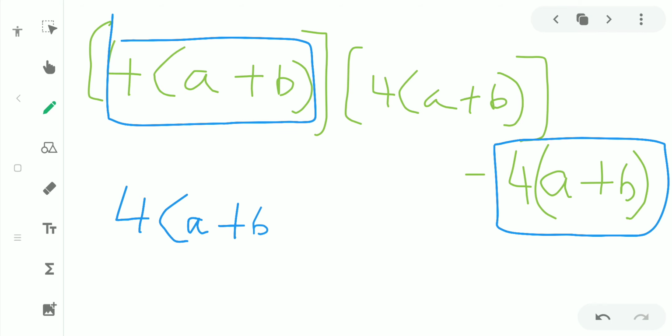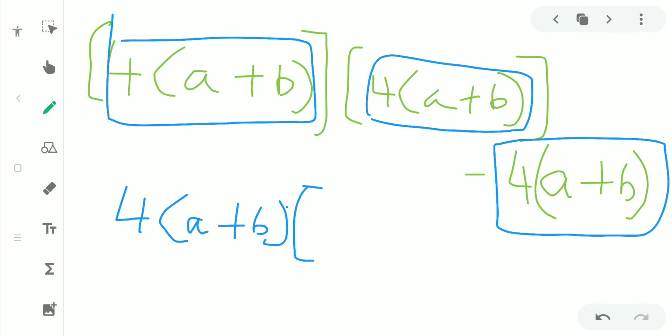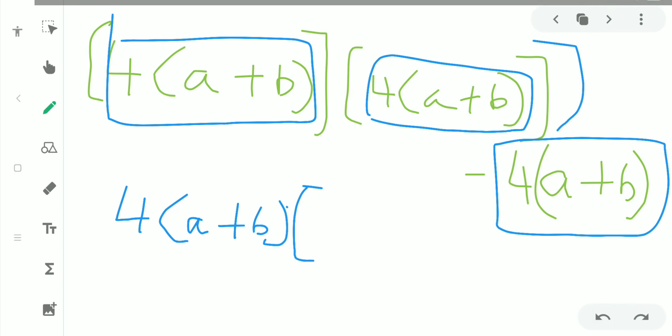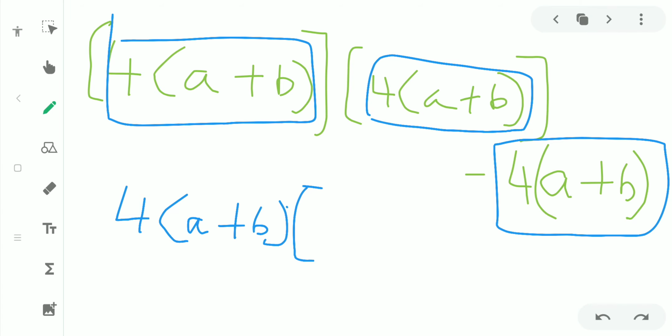I am getting 4 into a plus b remaining in the first expression, that is this expression. 4 into a plus b is remaining. So 4 into a plus b is nothing but 4a plus 4b. 4a plus 4b minus 1.